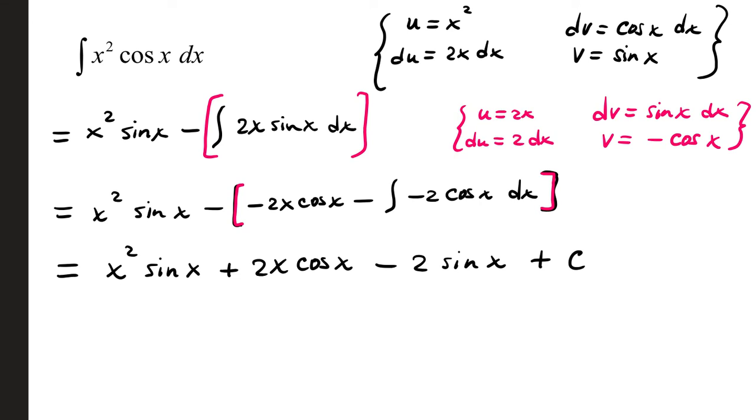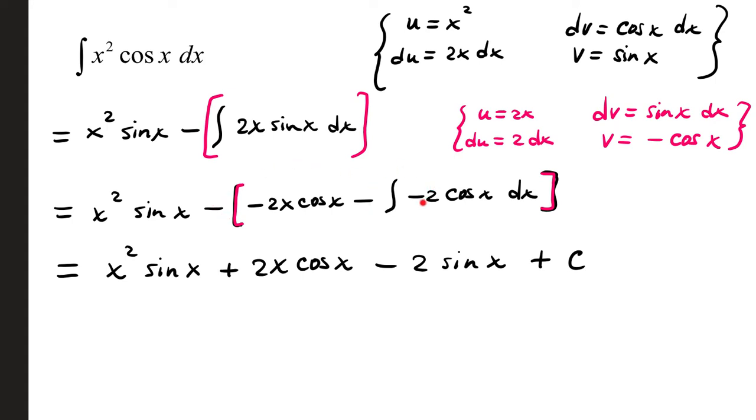So only in the back half of the problem do we expand again with integration by parts. The front half stays the same. This minus sign is still the same one, but in the brackets we go u times v, negative 2x cosine x, minus the integral of v du. x squared sine x, distributing the minus sign, that's plus 2x cosine x, three negatives on this jump.